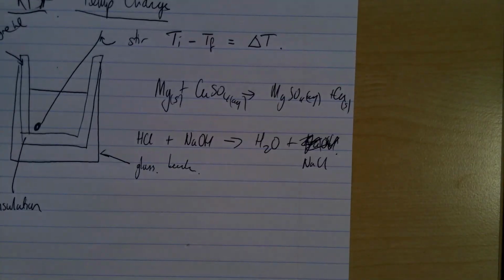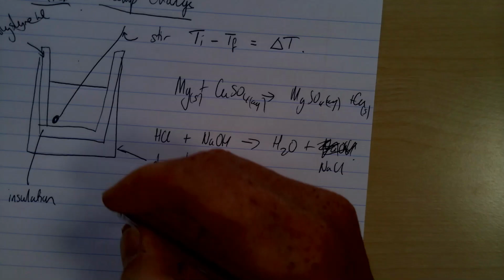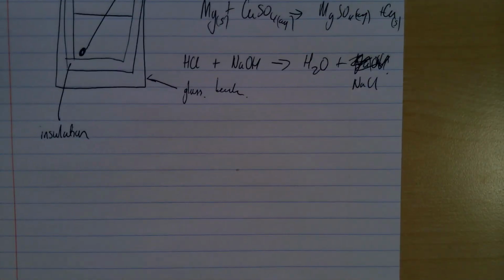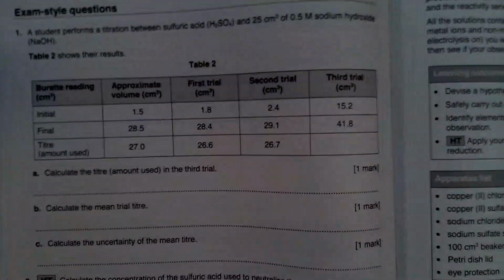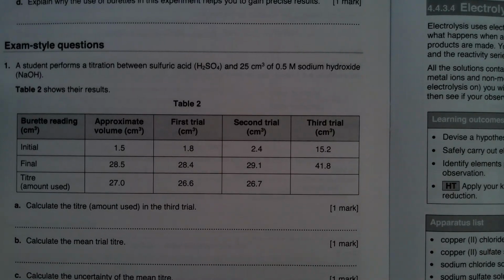So they're the general points, not difficult, but the data you get might simply be a table of data where there are a number of temperature changes you get, and it might be something like this. Now this is not difficult, but it's easy to lose a few marks if you're not careful.